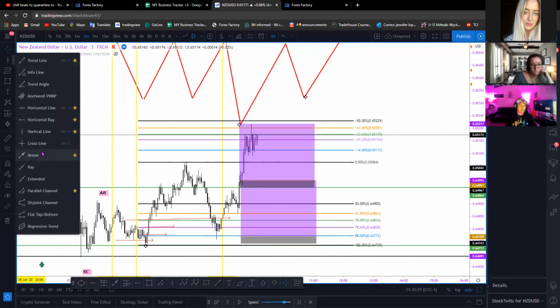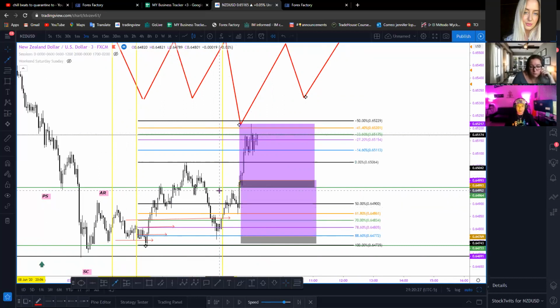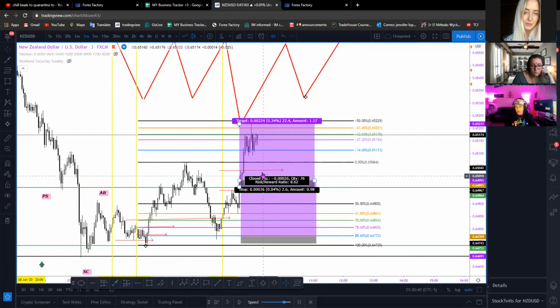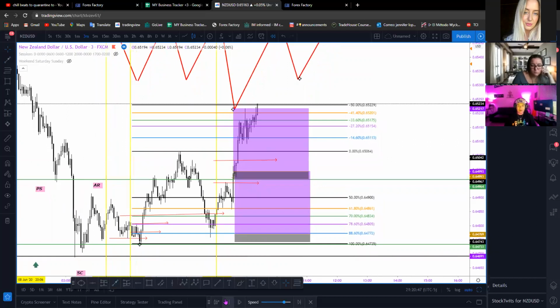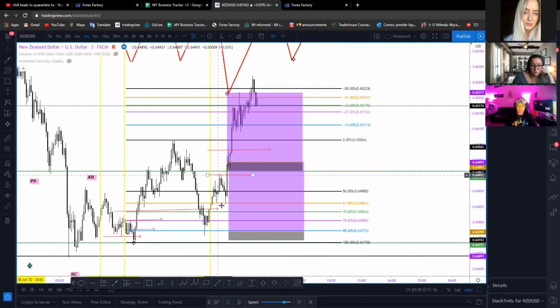So let's draw another arrow right here. I could see a potential entry somewhere around there again, somewhere even around here. I wouldn't be scared to take either one of those because I know if I lose, I'm just losing 2%, so I can make it all back. I think it'll go down to this area though. I really do.